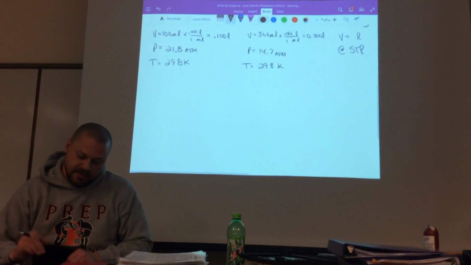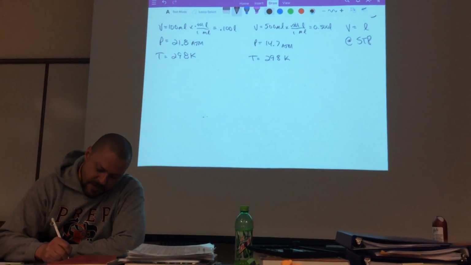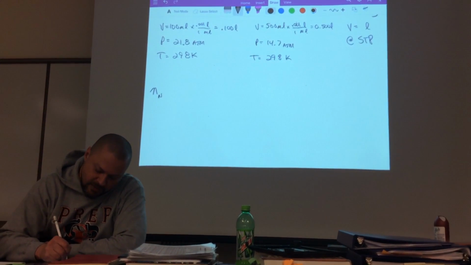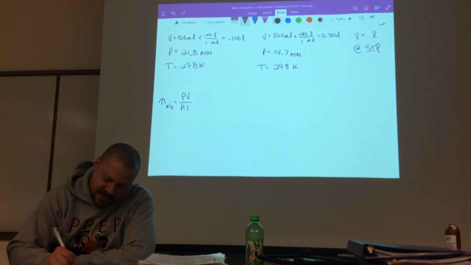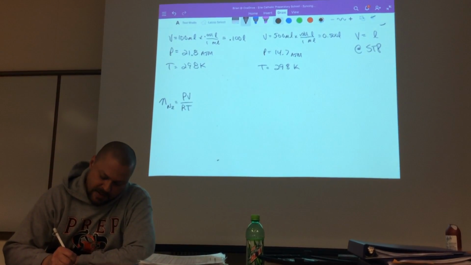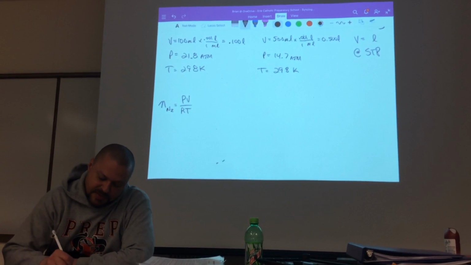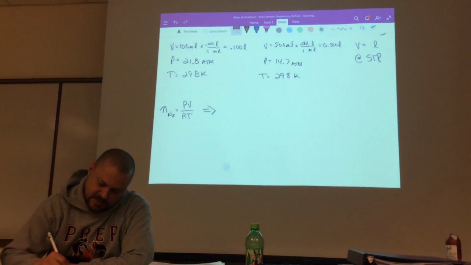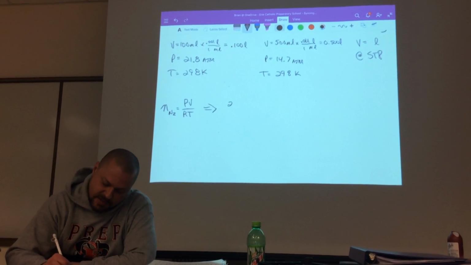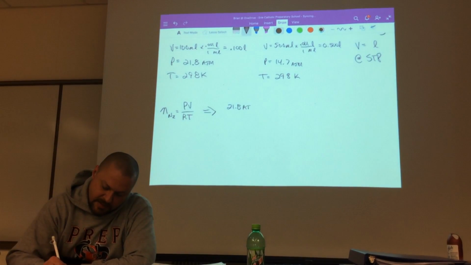So for the N of N2, it's going to be equal to PV over RT. So that's going to be pressure is 21.8 atm.